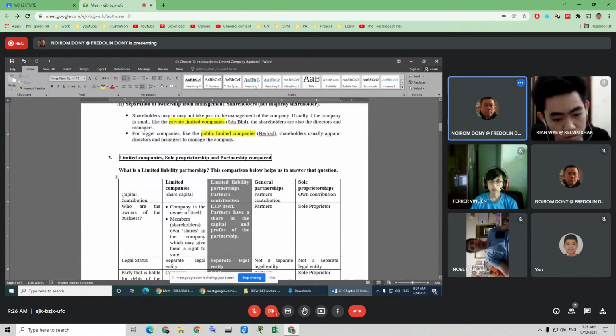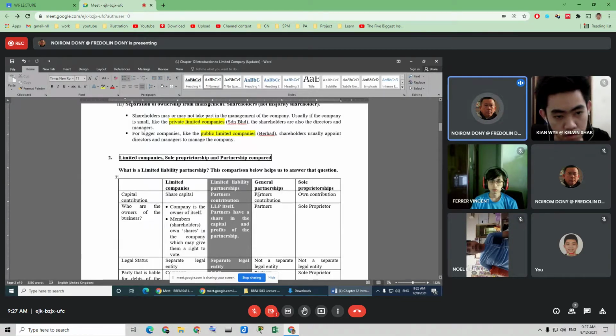So in sole proprietorship, we call it capital. That is own contribution. But for a company, we call it share capital. We don't call it capital only, share capital, because it is given to the shareholders in terms of shares.